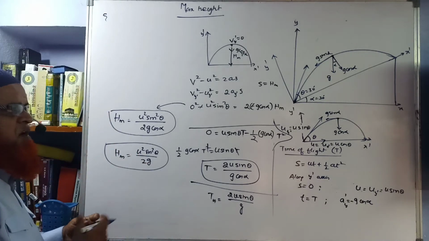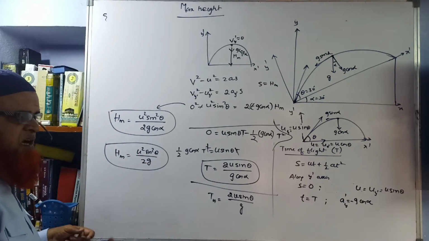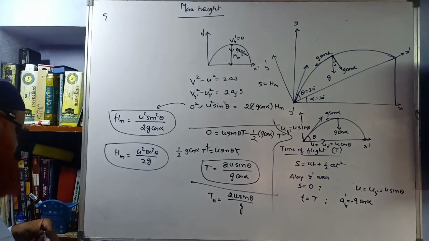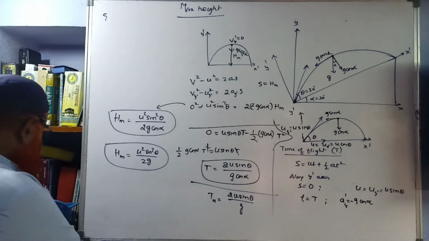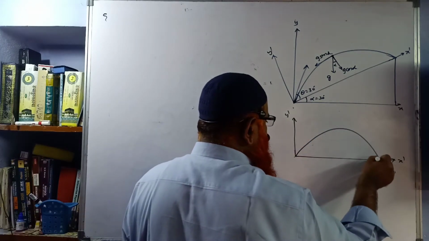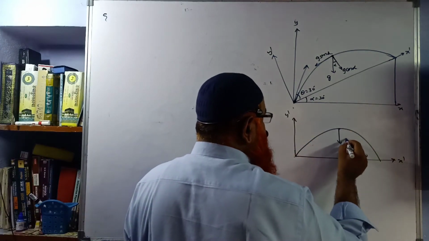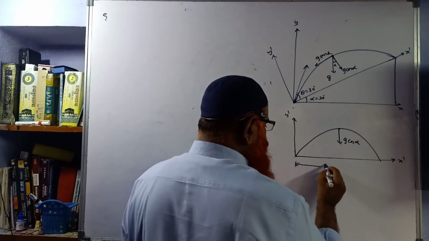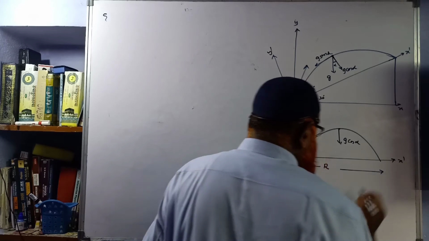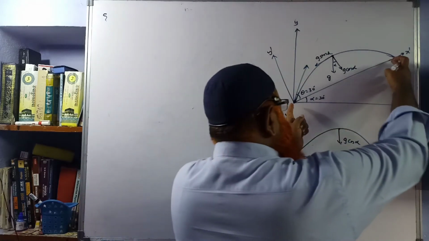Okay. So if you have understood this, then let us go for the case of a range. So we shall discuss range now. Now I am considering this as a parabola, and the downward component is g cos alpha, and this component is going to be range.